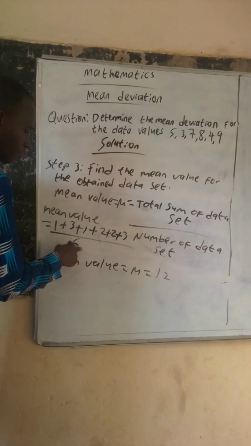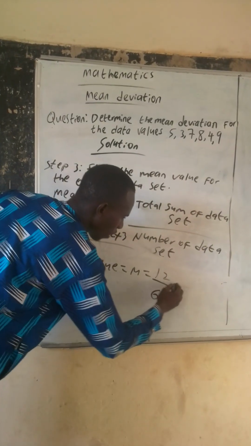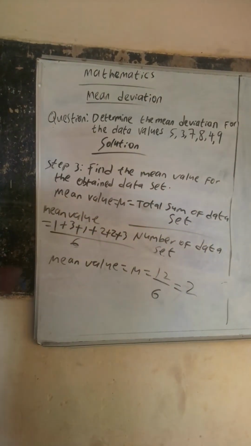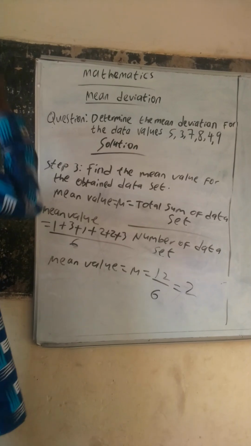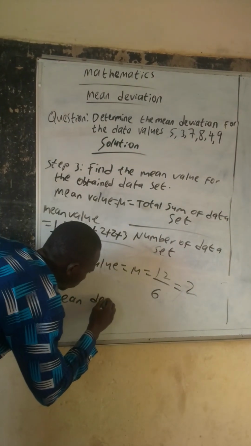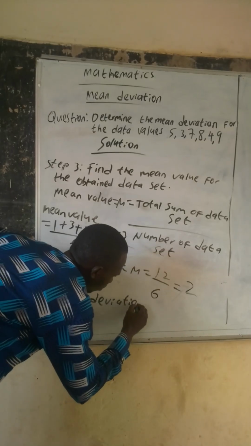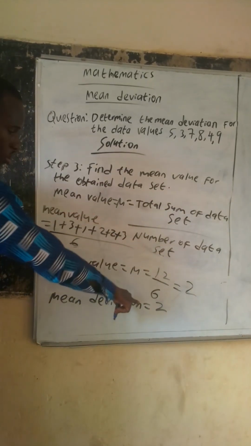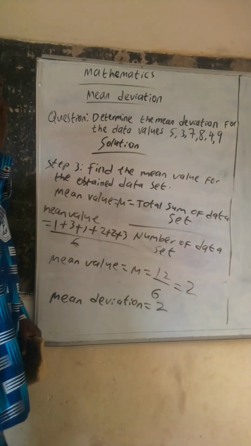So we have 12 divided by 6, and 12 divided by 6 is 2. So this answer is the mean deviation. The mean deviation equals 2. That is the solution to this given question.